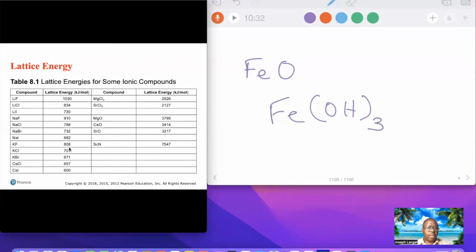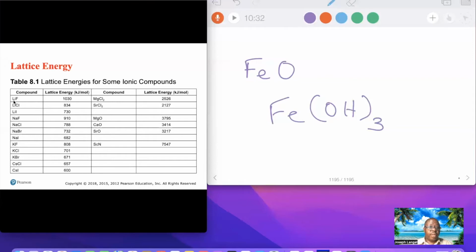If you look at the trend here, don't just look at the numbers, and even though you will be given the periodic table, there is a trend here with respect to the ionic size.